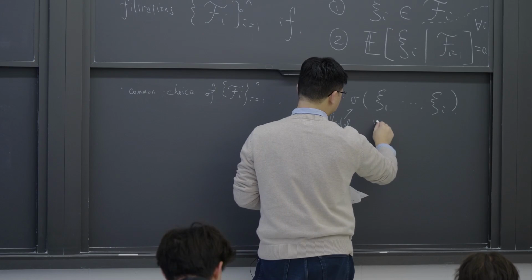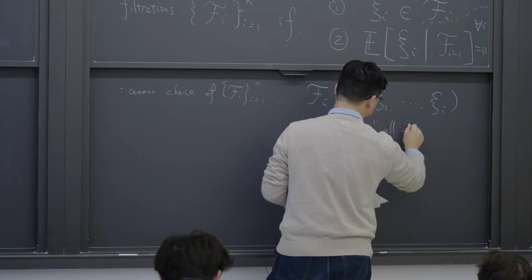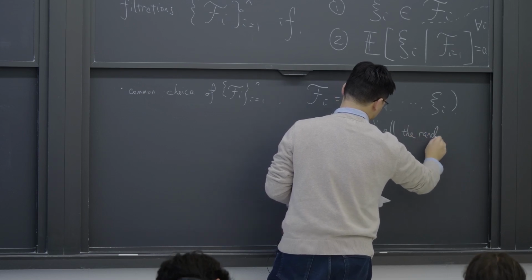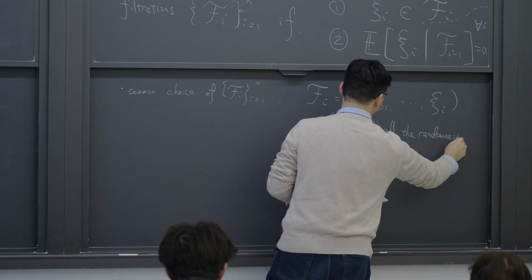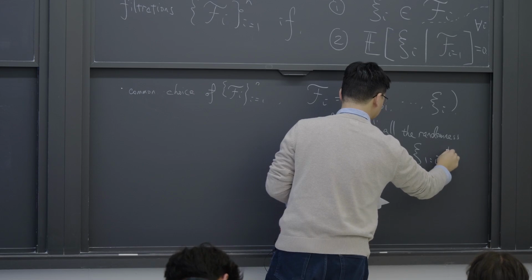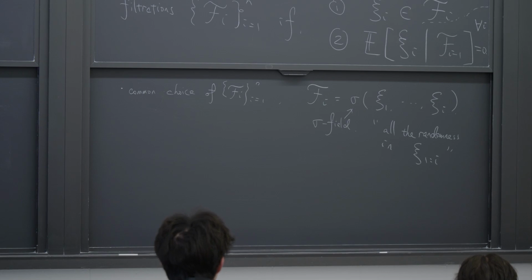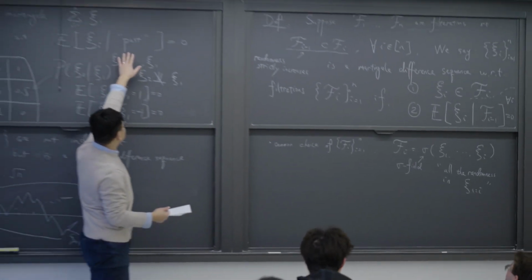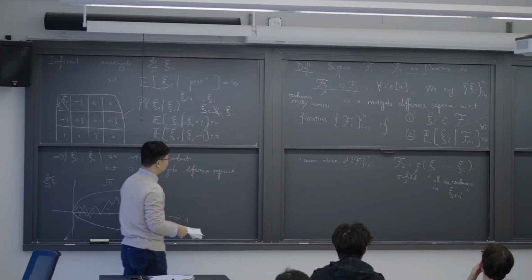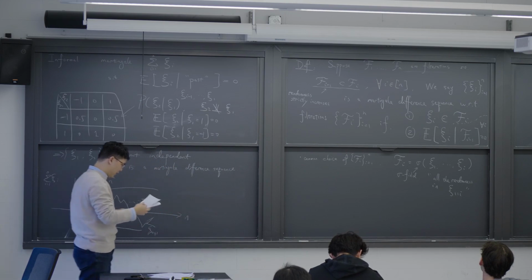But intuitively, you can just say this includes all the randomness of C1 to Ci. Whatever random events can be induced by C1 to Ci are included in this past. So this is why it is like all the past. You can think of this as a mathematical definition of conditioning on all the possible paths. That is the sigma field.